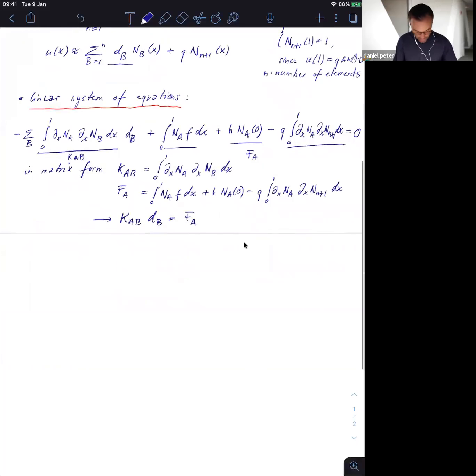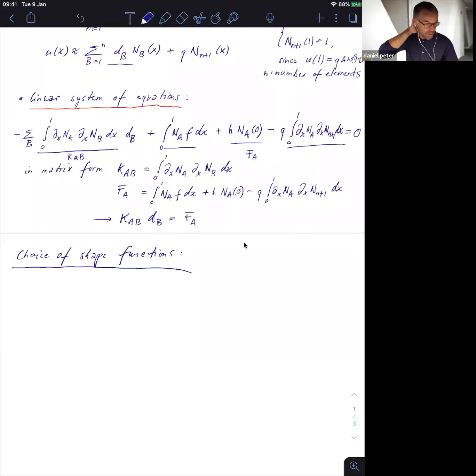Okay, so let's look at the choice of shape functions. Good, and for us, what we are interested in are linear basis functions. The finite element method is often using low order basis functions. So let's use a first order basis function, which is a linear function.